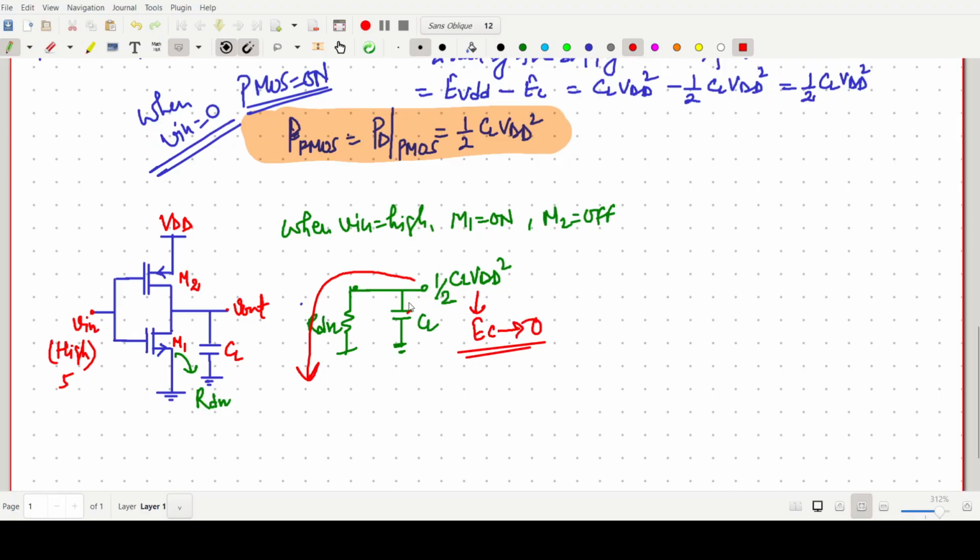Finally we have a high voltage, say 5, and after a certain time it goes to 0.